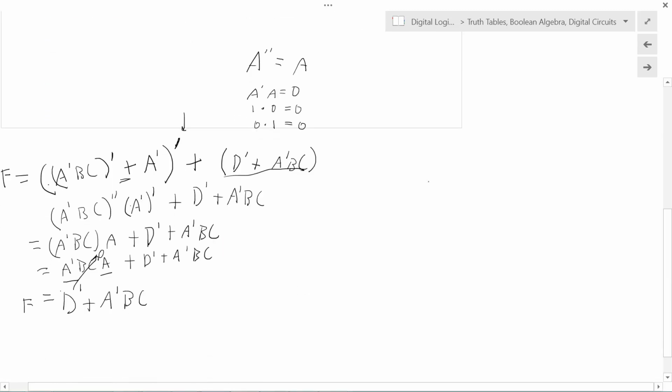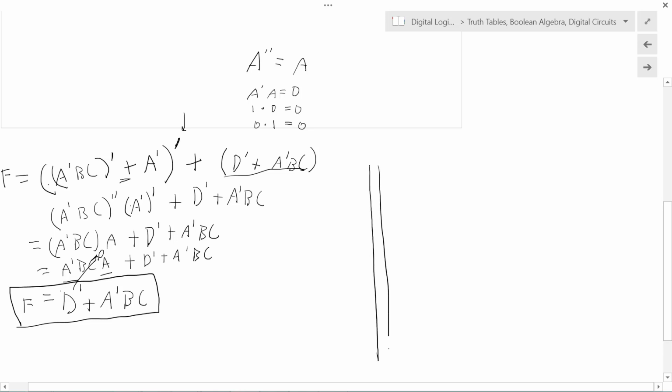So let's look at our Boolean equation here. Let us create an optimal digital circuit for this one. So we have input variables A, B, C, D. Let's label them. We also need 2 inverters for A prime and D prime.